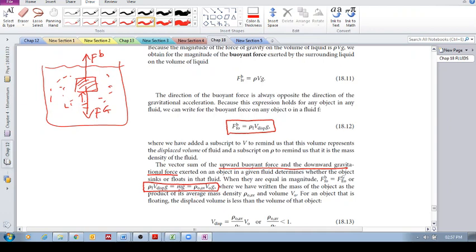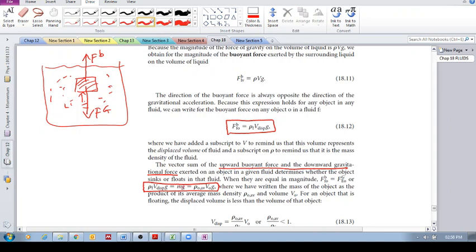But what is m over here? Remember, this mass is the mass of the actual object, whereas on the left we have the weight of the displaced fluid, and on the right we have the weight of the actual object, the gravity acting on the actual object.